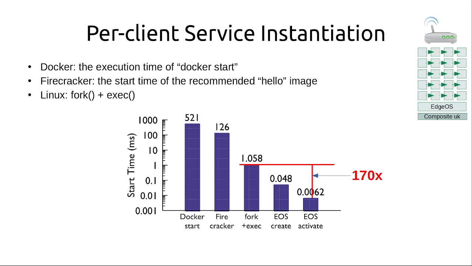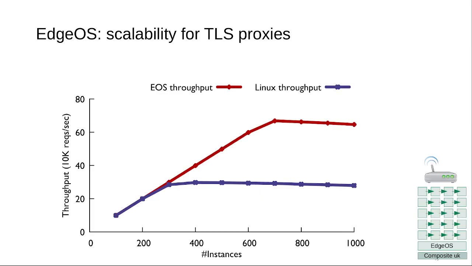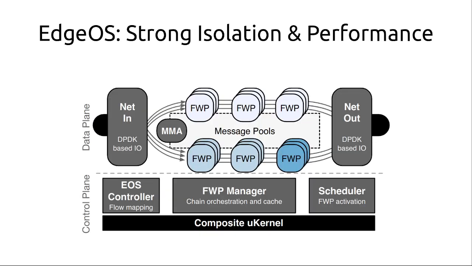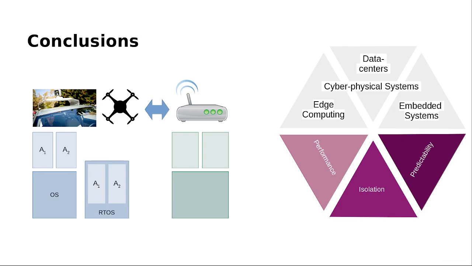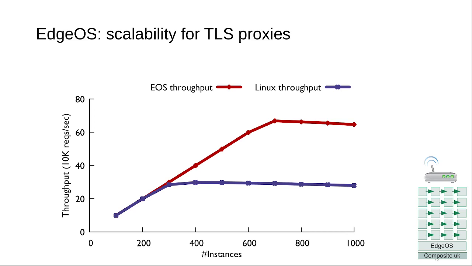Responding to a client request in 6.2 microseconds is around the level that we want to be at for these types of high-density systems. And because these are so specialized, we support higher throughput than Linux for things like TLS endpointing or proxies. And all of this is despite EdgeOS using message passing throughout. We provide no shared memory between the different FWPs, so it's very, very strong security within the system.